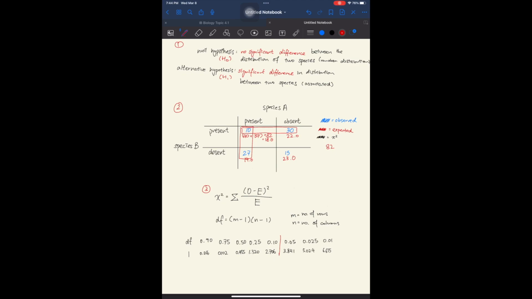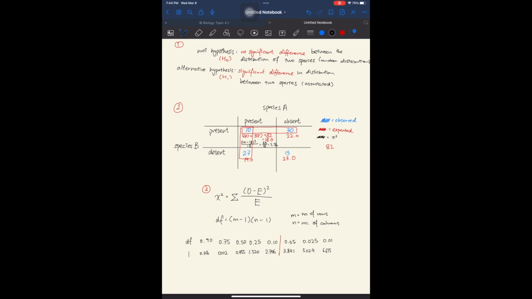Let's use the first example again. Our observed for squares present for both species B and species A is 10 minus 18, squared, divided by 18, which equals 64 divided by 18, which equals 3.56.